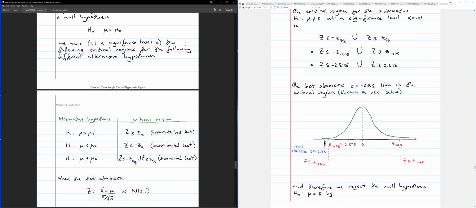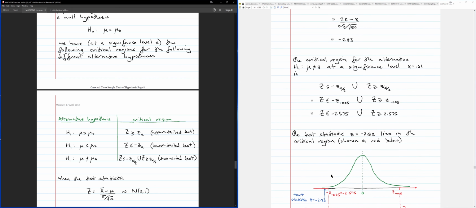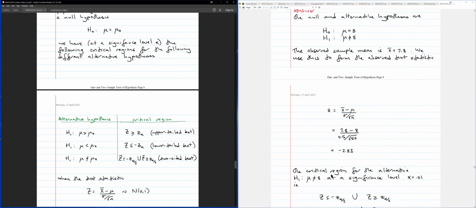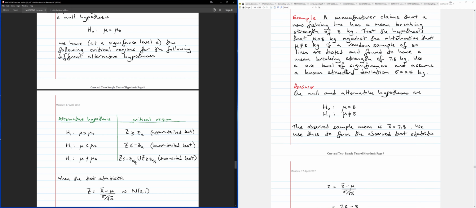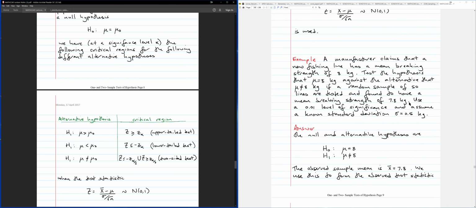So therefore, my test statistic lies in the rejection region, right? And because it lies in the rejection region, you need to reject H0 in favor of H1, right? Okay, so the evidence doesn't support that the mean break-in strength is 8 kilograms, right? It supports that it's actually not equal to the 8, right?